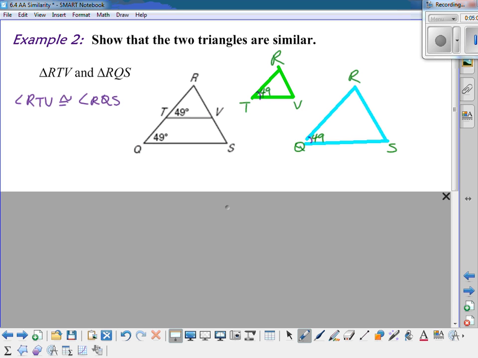I can see that angle R is congruent to itself by the reflexive property. And therefore, since I have two pairs of congruent angles, I know that triangle RTV is similar to triangle RQS by angle-angle similarity.